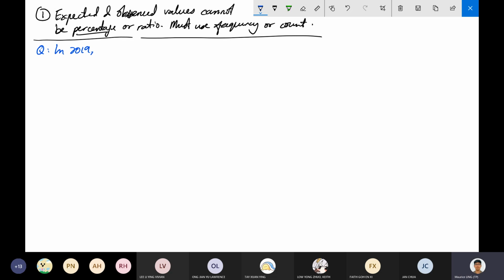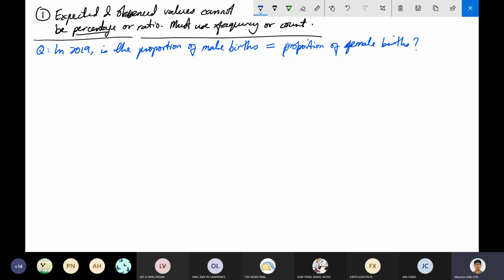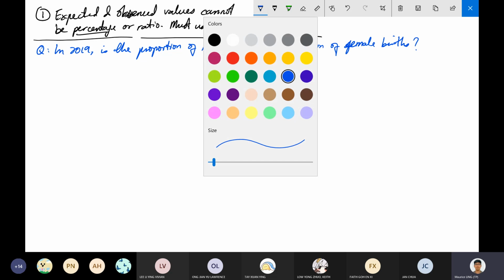In the year 2019, is the proportion of male births equal to the proportion of female births? Okay, so let's say this is the question we want to have. Then what will be the hypothesis?